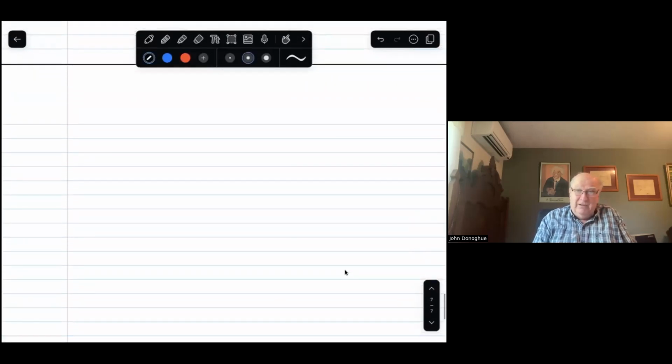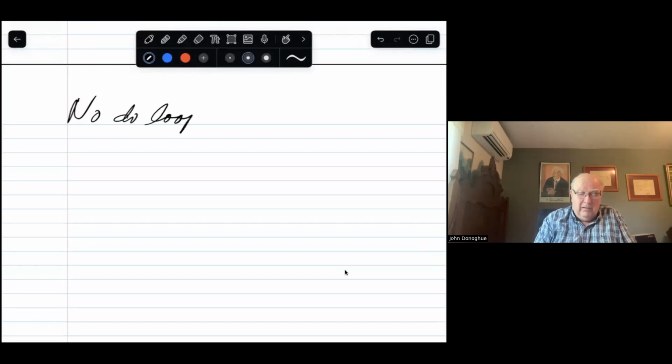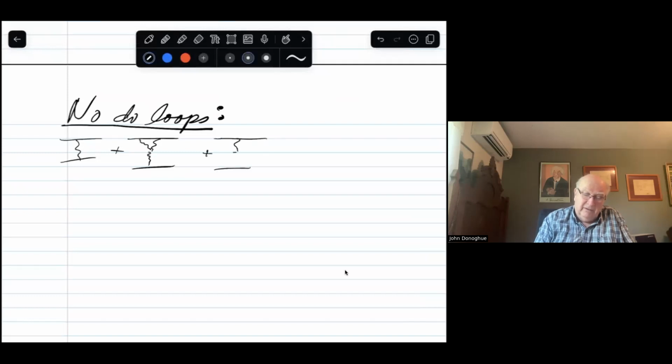Okay, so let's continue thinking like an effective field theorist. And now we're instructed to do a full quantum field theory, so now do loops. We've started off doing this diagram. You might try doing something like this diagram. I'm going to draw it just for later use.